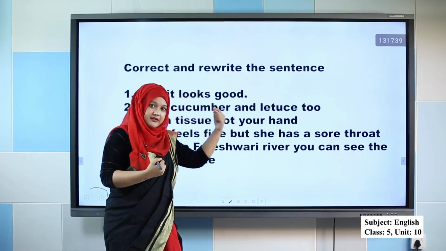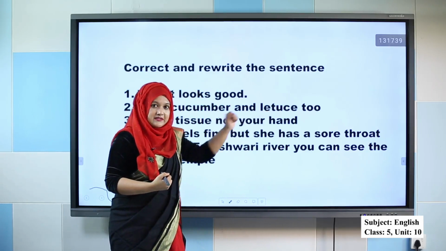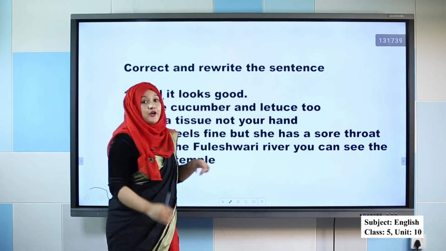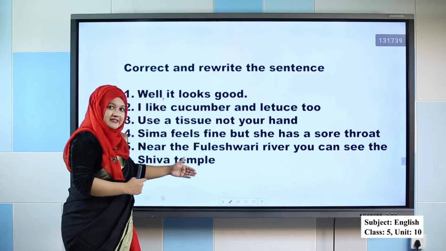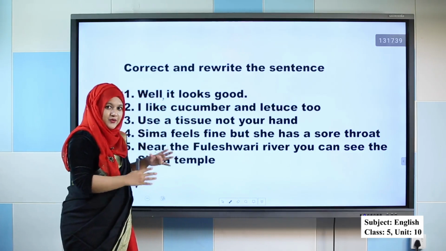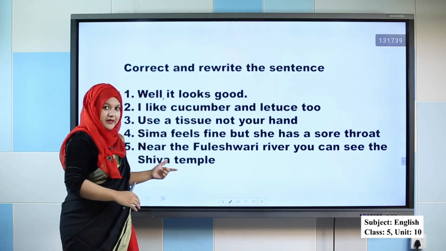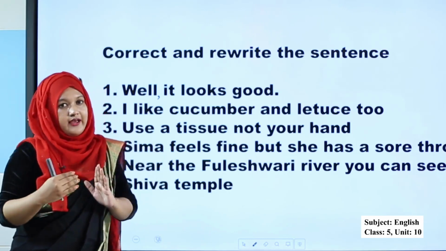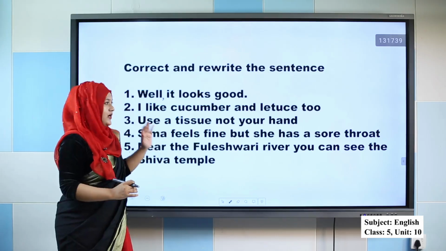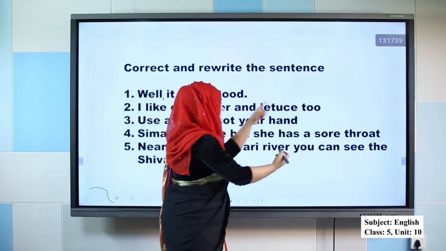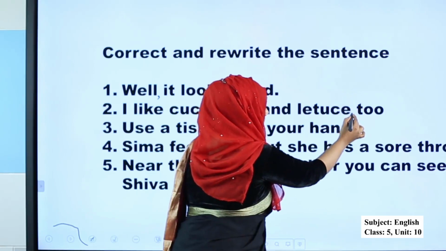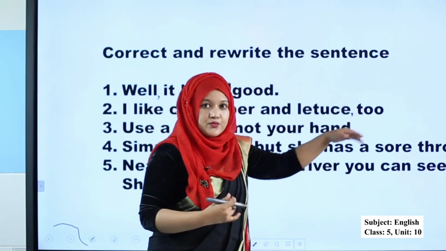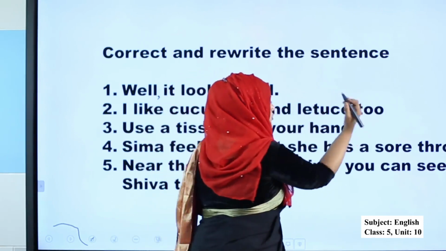What should we use after completing the sentence? Yes, we use a full stop. Very good. So the sentences are given one by one. You can see 3, 4, 5, and in every sentence you need to use commas and full stops. So now I'm going to separate this sentence using a comma here. And we know after completing the sentence we use a full stop, so we should use a full stop.